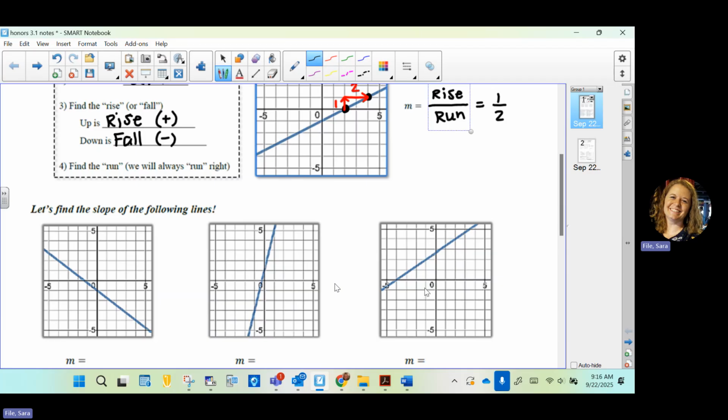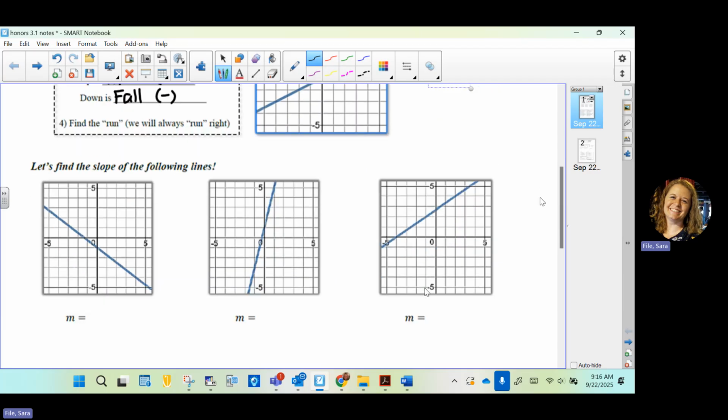Because if you have a fraction that can be reduced, you want to reduce it. So take a minute. Try these 3. Pick 2 points and count your rise over runs. And then we'll come back together and check. So y'all try them, compare to the people at your group, and then we'll come back and check.